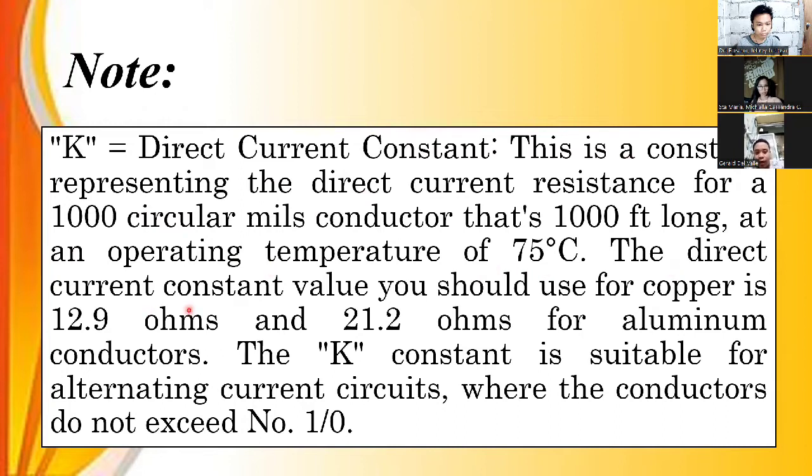The direct current constant value you should use is 12.9 ohms for copper and 21.2 ohms for aluminum conductor. The K constant is suitable for alternating current circuits where the conductor does not exceed number 1 over 0.